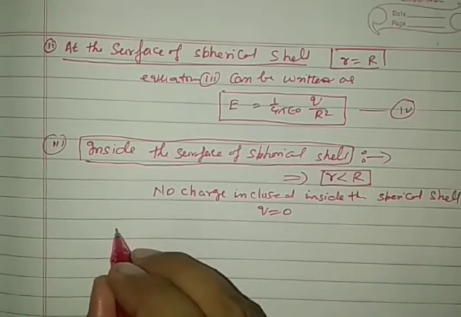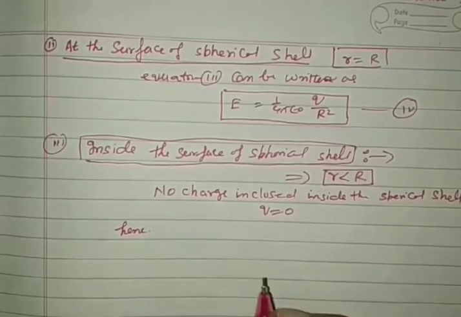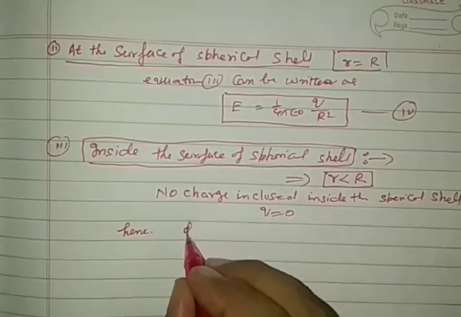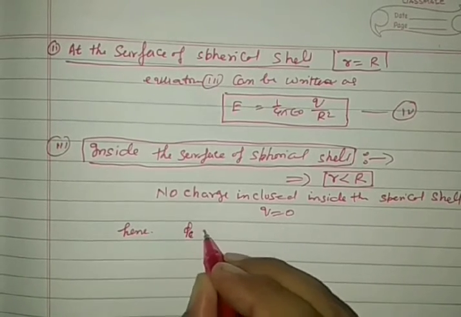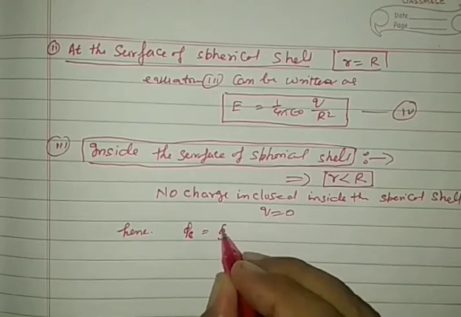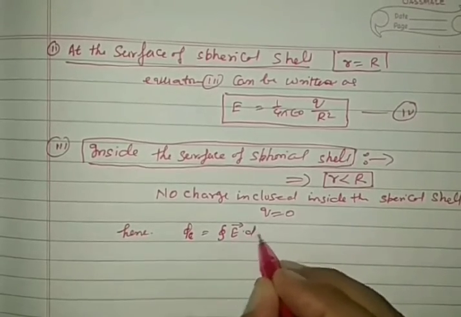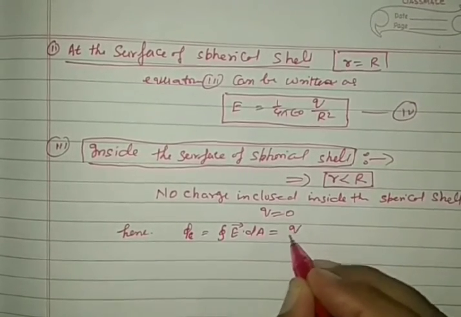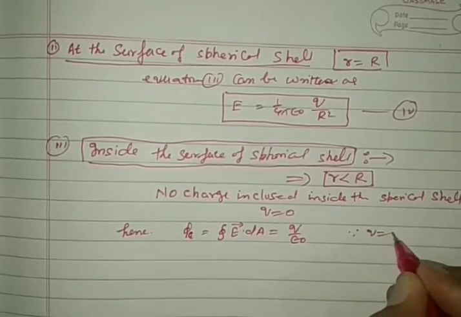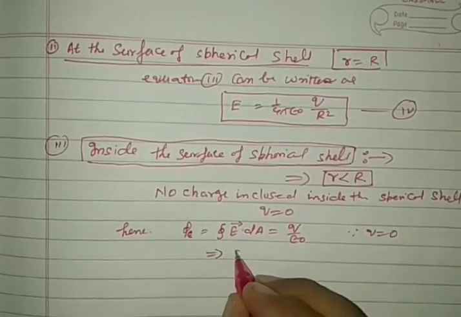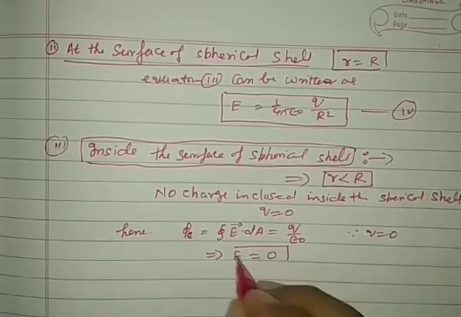Hence, total electric flux phi is equal to integral E dot dA is equal to Q by epsilon 0. Since Q is equal to 0, this implies that E is equal to 0.